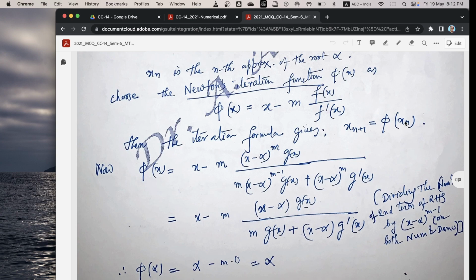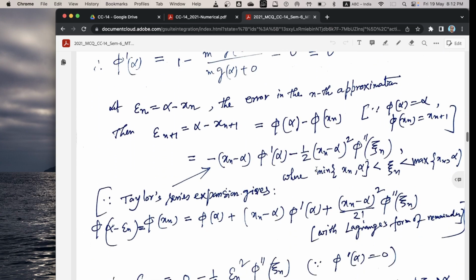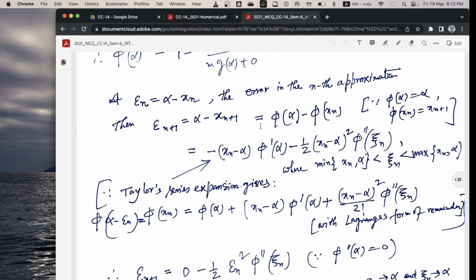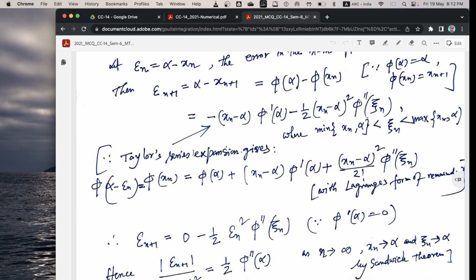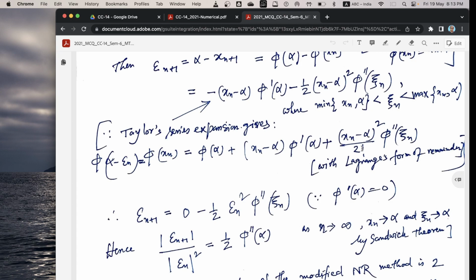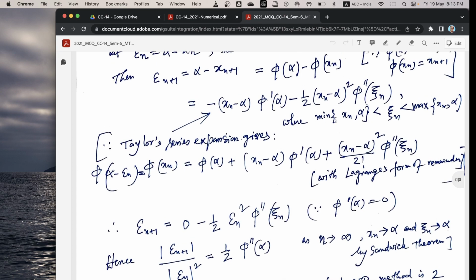So we get phi(alpha) minus phi(x(n)). By Taylor's series expansion, phi(x(n)) equals phi(alpha) plus (x(n) minus alpha), that is epsilon n, phi dash alpha, plus (x(n) minus alpha) whole square, that is epsilon n square by factorial 2, phi double dash xi n, where xi n lies between the minimum of x(n), alpha and the maximum of x(n), alpha.